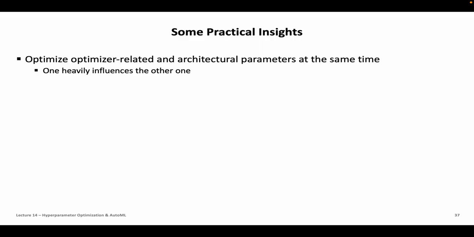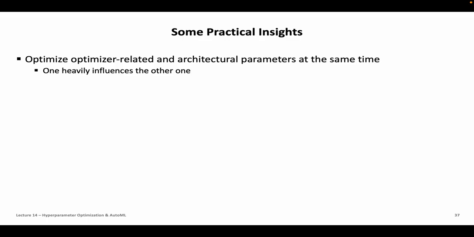Okay, now I finally want to wrap up with some practical insights that I want to share with you. I combined these based on my experience of running hyperparameter optimization workloads on HPC systems for quite some time now. The first one is to optimize these classical optimizer-related parameters and the parameters of your architecture at the same time.